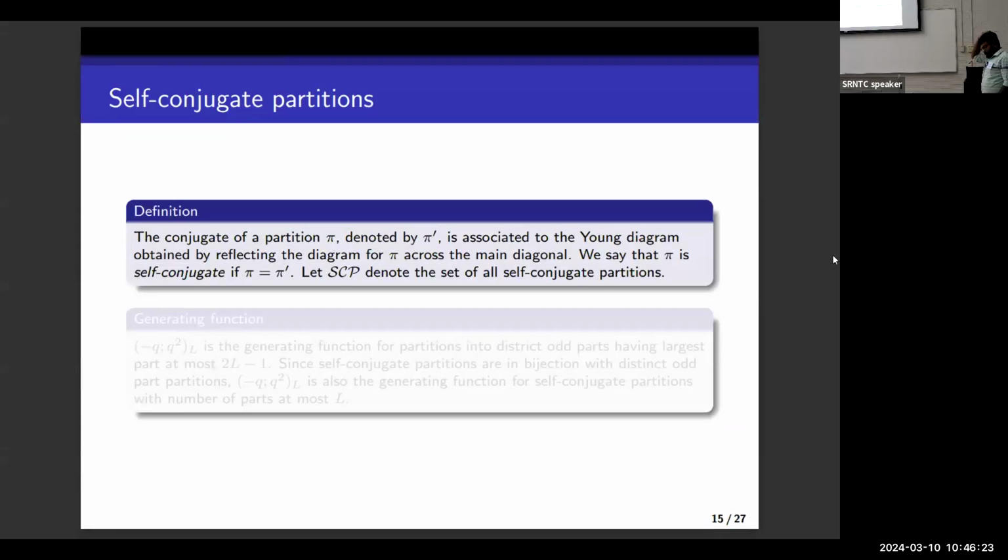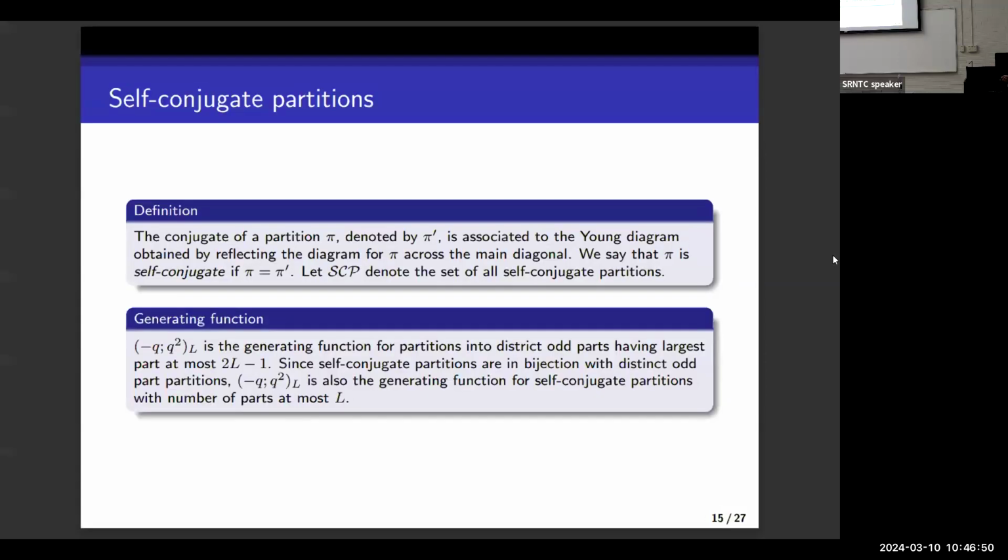So now I define a conjugate of a partition. What we do is flip the Young diagram across the main diagonal, and that's how we get the conjugate. If the original partition is equal to its conjugate partition, then we call that partition self-conjugate, and SCP will denote the set of all self-conjugate partitions. So what about the generating function of self-conjugate partitions?